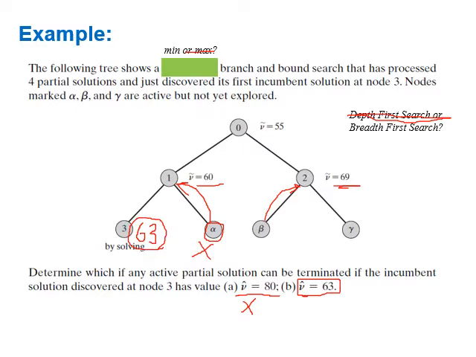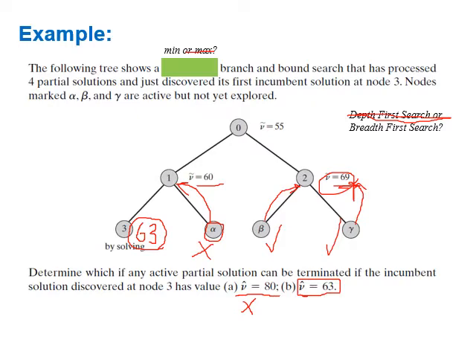We already know a better solution than this 69. So why do we consider evaluating beta and gamma? Gamma also has the same parent, so the best objective function value that it can provide is 69, but we already have a solution with 63. So it means that we can fathom beta and gamma.